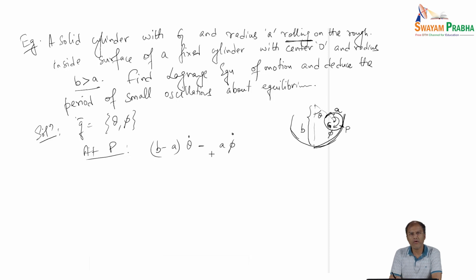That is the net velocity of the contact point P, and this has to be equal to 0 because the cylinder is rolling, not sliding. This is a simple kinematic constraint, and in fact an integrable one, so we are dealing with a holonomic constraint, and we are going to integrate it out.